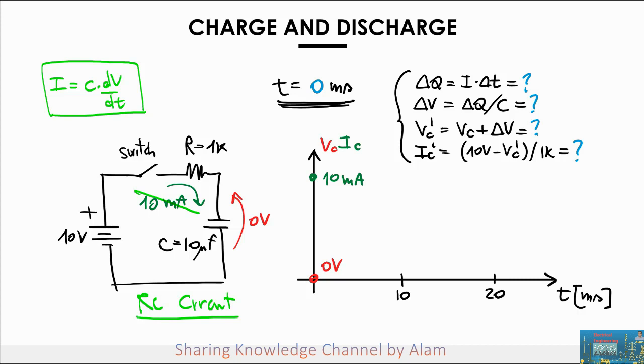Then we have a 10 volt supply that is going to be connected to it through a switch. Your intuition probably already tells you that if you let enough time pass, at the end of the process the capacitor will be charged to 10 volts. So we are charging the capacitor through a resistor R. We also have actual values for the resistor and capacitor: 1 kilo ohm for the resistor and 10 microfarad for the capacitor, so that we can solve the circuit using actual numbers.